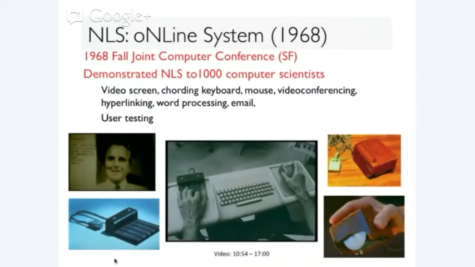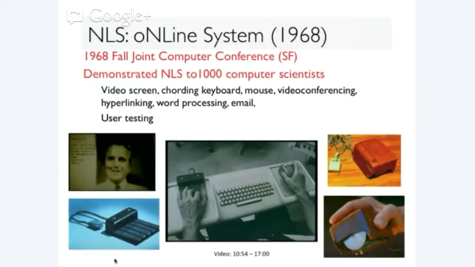So his major system was called NLS, the online system, and on Monday we saw a brief clip from that. The NLS was first demonstrated at the 1968 Fall Joint Computer Conference. It was the biggest meeting of computer scientists.